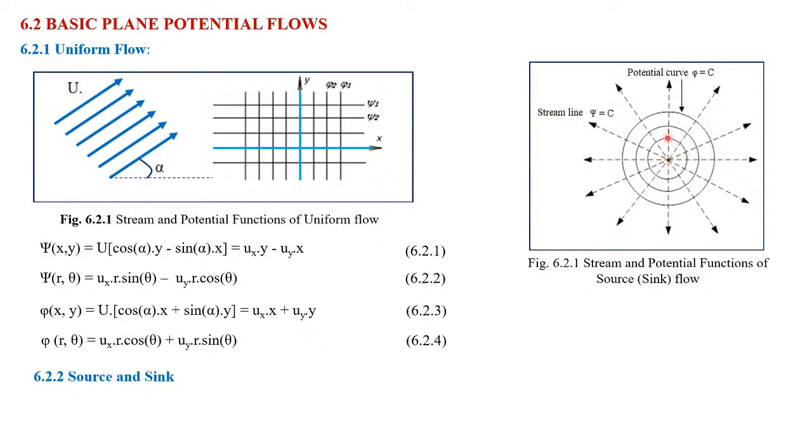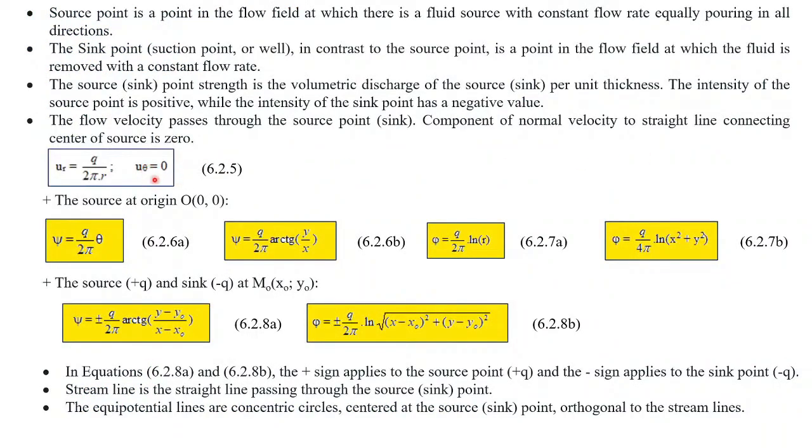Therefore the velocity normal to this line is 0. So that means the velocity is just radial, and u theta is 0 here.